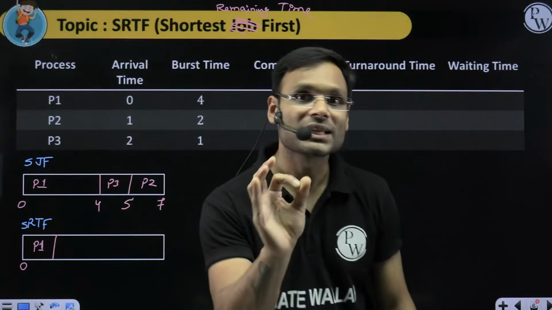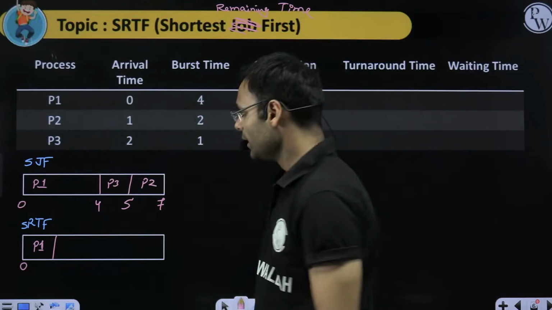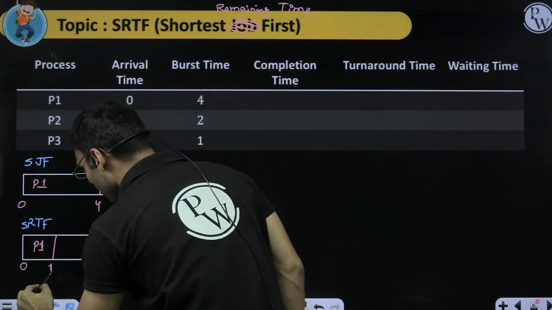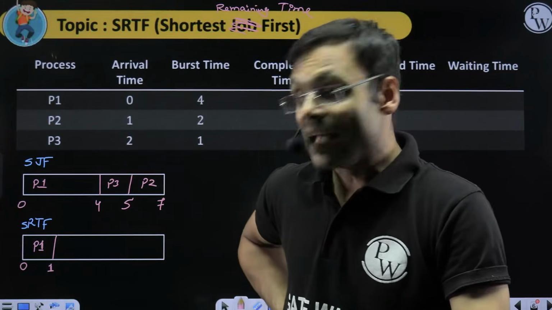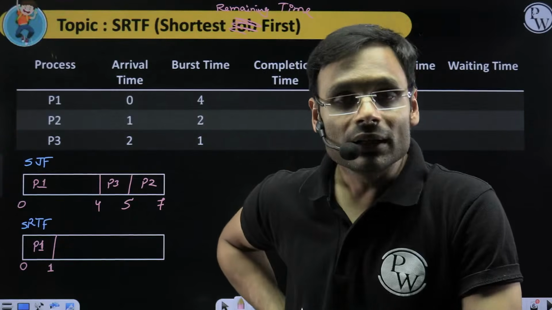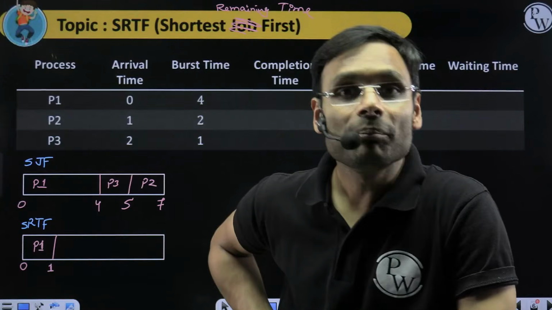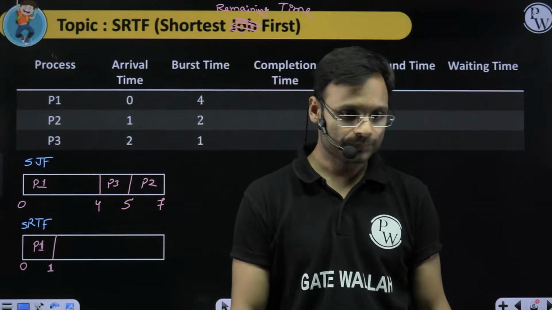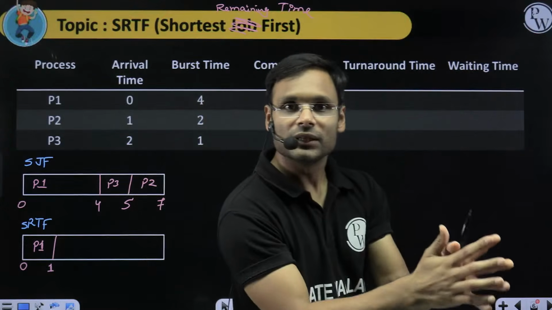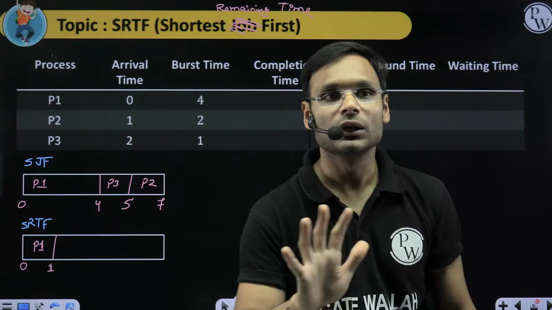I will run P1 for 1 time unit, and then I will run my scheduling algorithm and check at time unit 1: should I continue P1 or should I preempt P1 and run the next arrived process P2? Should I stop P1 and run P2, or should I continue P1 only?